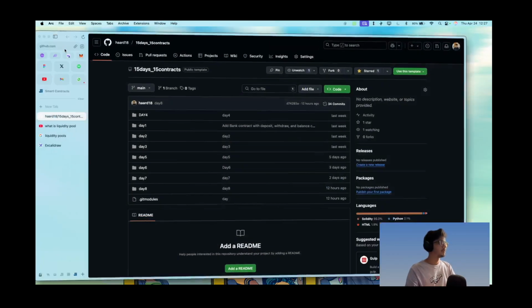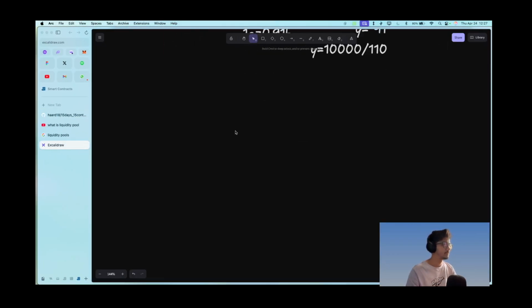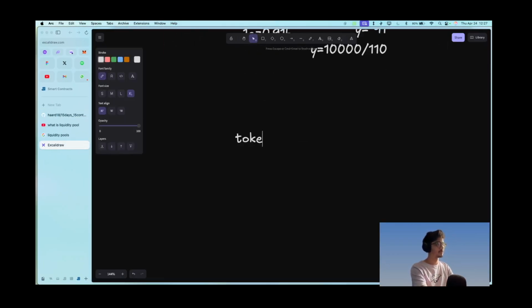Okay, now what we will do is we will create two ERC20 tokens, token A and token B, with the same supply, and mint them to two different persons.